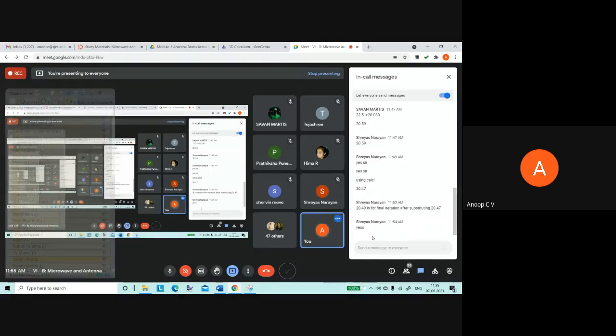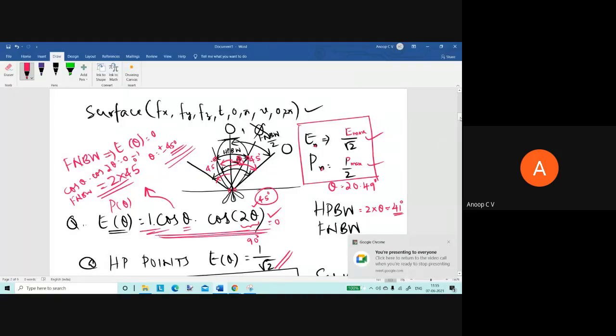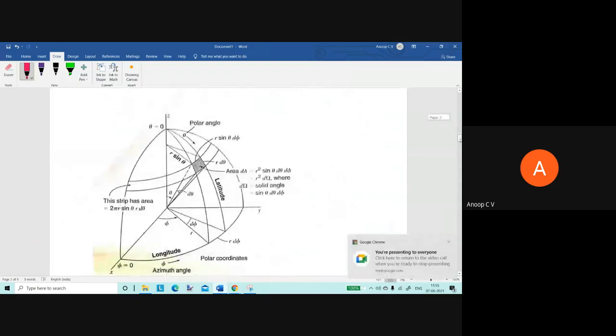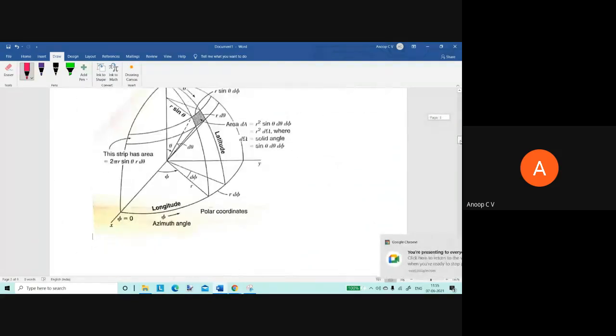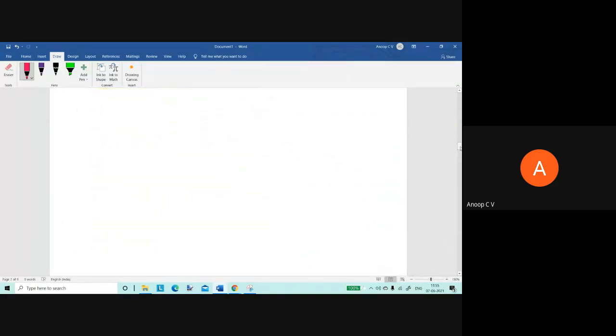Should we solve more? I wanted to start with the concept of solid angle, but today we are not starting; we are not rushing through. I want you to solve this problem. Given P of theta or S of theta equal to sine square theta, you have to find the half power beam width and first null beam width.